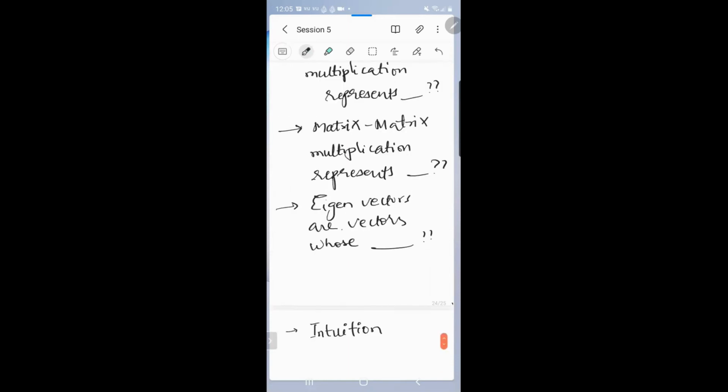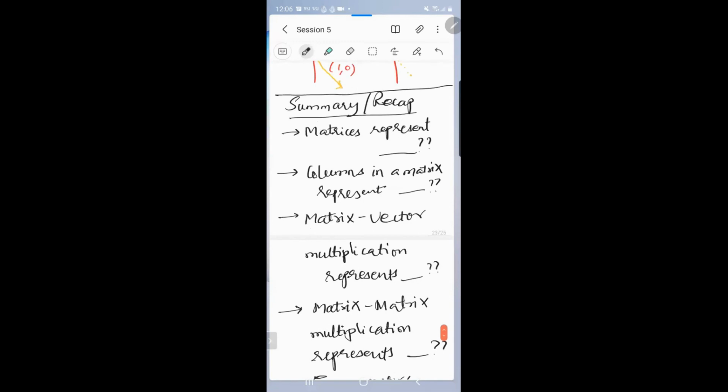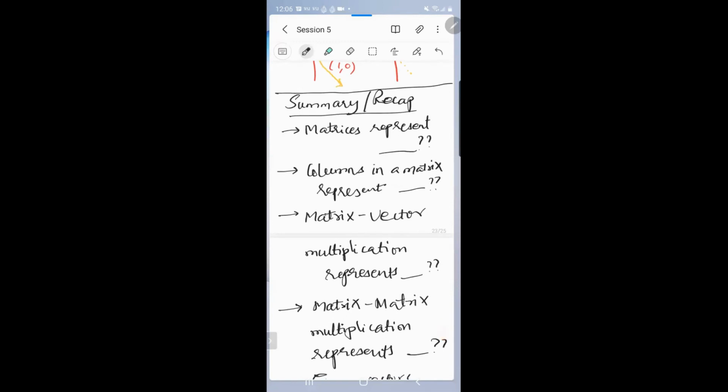My whole focus is on the interpretation, or what it represents. It represents a linear transformation, and the columns represent where the unit vectors end up. And when you multiply a matrix with a vector, you're applying the transformation and finding out where that vector lands.